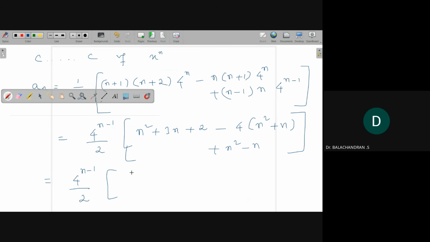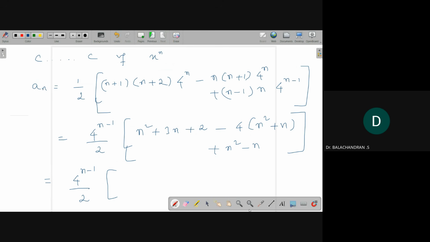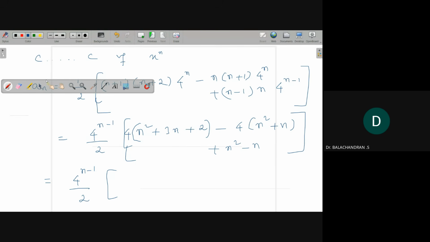Okay, I think I made a mistake. What's the mistake? I think here 4 power n minus 1, yes, it should be into 4. Okay, 4n square, so 4n square minus 4n square gets cancelled.